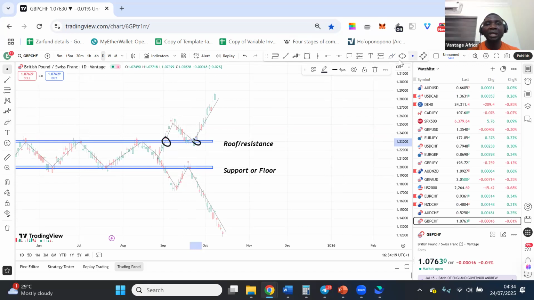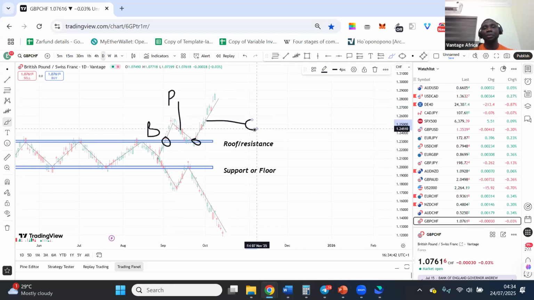And this is what we call a continuation. So price breaks out, this is what we call a breakout. This is a pullback, and the pullback leads to a continuation.